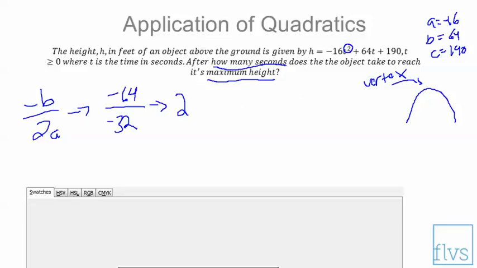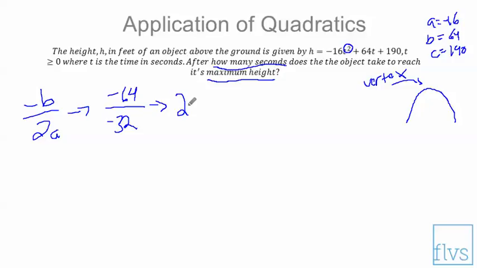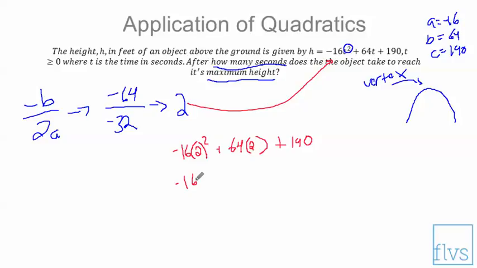So then how do I find the vertex? Well, I'll take that answer and plug it in for every t. So it becomes negative 16 times 2 squared instead of t squared, plus 64 times 2 instead of t, plus 190. So 2 squared is 4, so it becomes negative 16 times 4 plus 64 times 2, which is 128, plus 190.